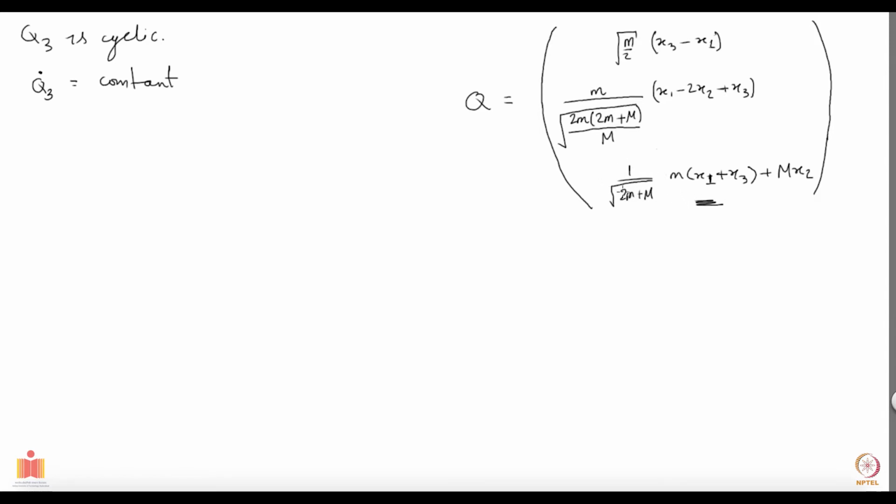So since this is a constant, I will absorb it into the constant on the right hand side in this equation, and I get the condition that d over dt of m(x1 plus x3) plus capital M x2, the time derivative of this entire thing is constant. As I said, constant.